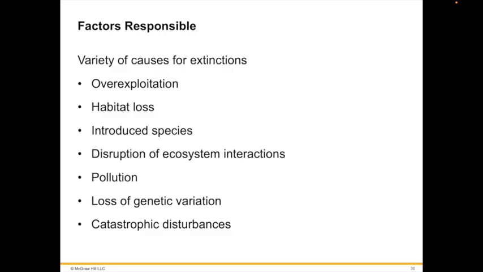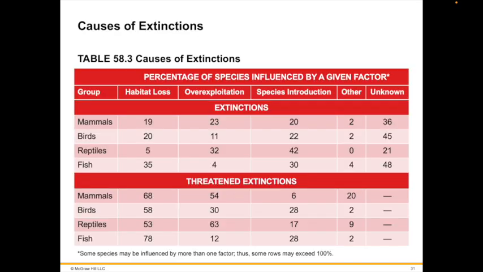Many other factors can contribute to species extinctions as well, including disruption of ecosystem interactions, pollution, loss of genetic variation, and catastrophic disturbances, either natural or human-caused. More than one of these factors may affect a species. In fact, a chain reaction is possible in which the action of one factor predisposes a species to be more severely affected by another factor.